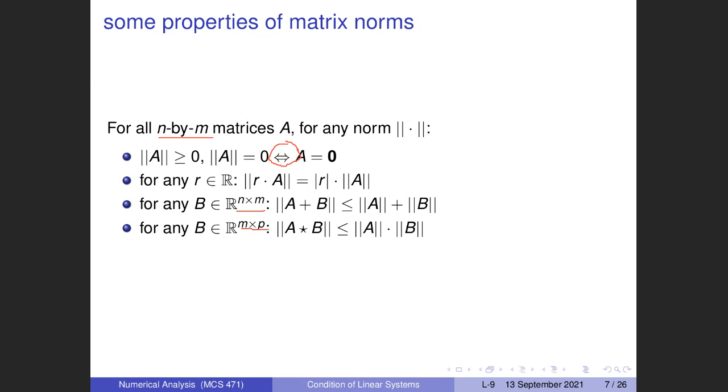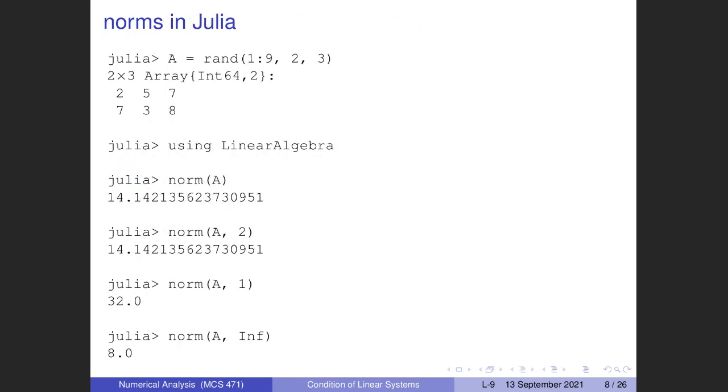Certainly we can do that if we have a test problem, and we will take the norm of the difference between the computed solution and the exact solution. That will be the measure of our error. So in a way, norms generalize absolute values. That's what we will use them for.